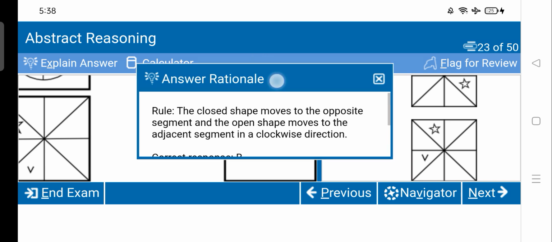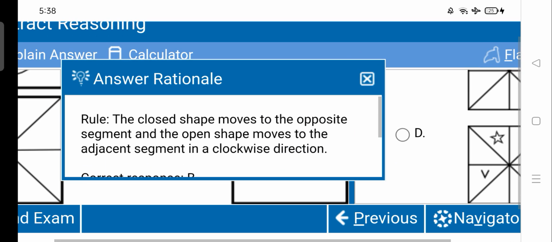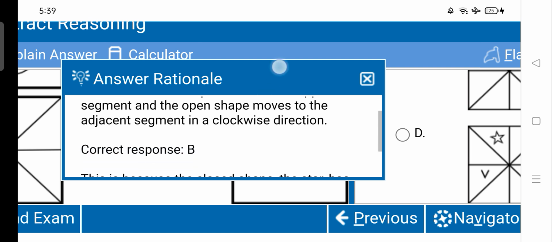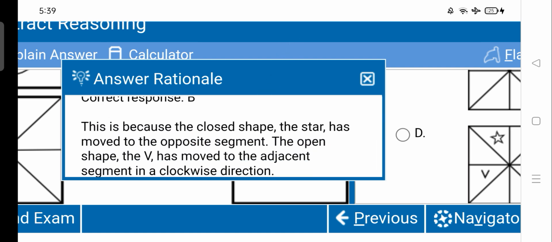Now the rule for this is that the closed shape moves to the opposite segment and the open shape moves to the adjacent segment in a clockwise direction. So the correct response is option B. This is because the closed shape, the star, has moved to the opposite segment.